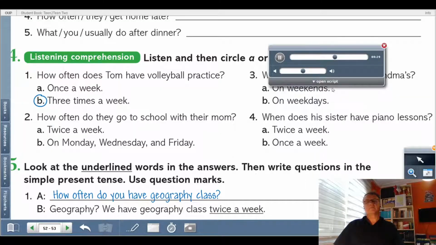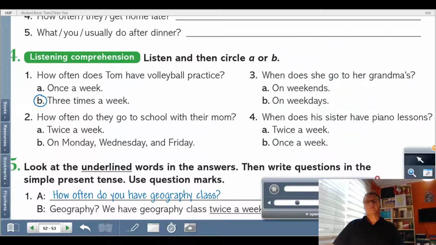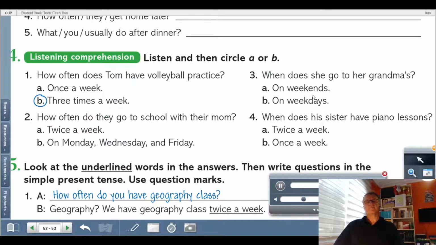We go to school in my mom's car on Tuesday and Thursday. On the other days, our dad drives. 3. I go by car to my grandma's every Saturday and Sunday. 4. My sister's piano lessons are on Wednesday afternoons after school.